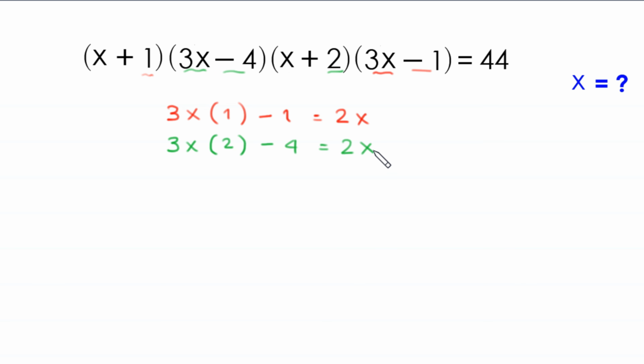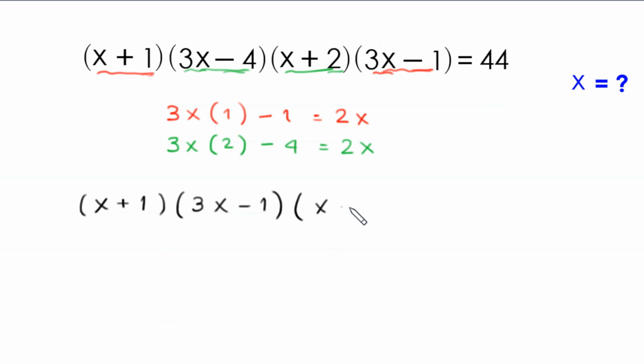So we combine these two terms, x+1 and 3x-1, and these two terms, x+2 and 3x-4. So this will become (x+1)(3x-1)(x+2)(3x-4) = 44.